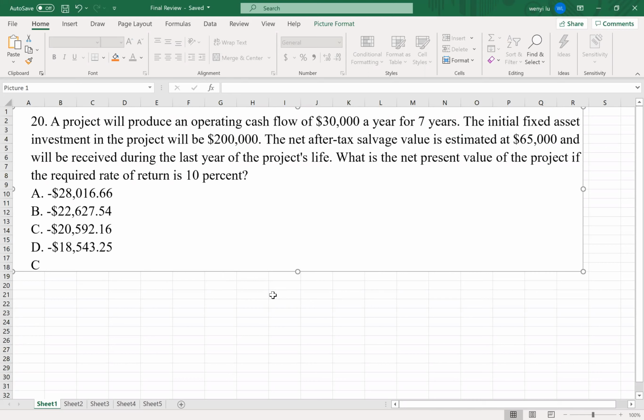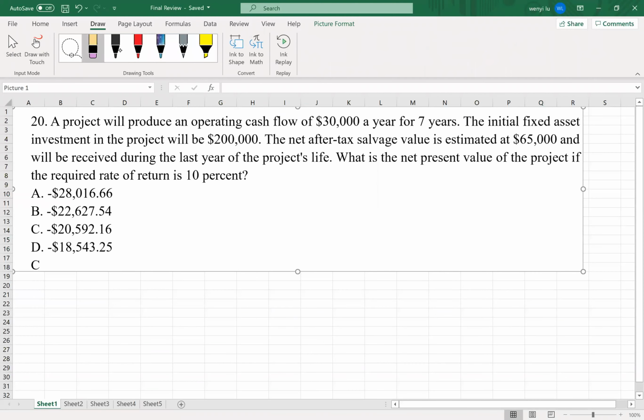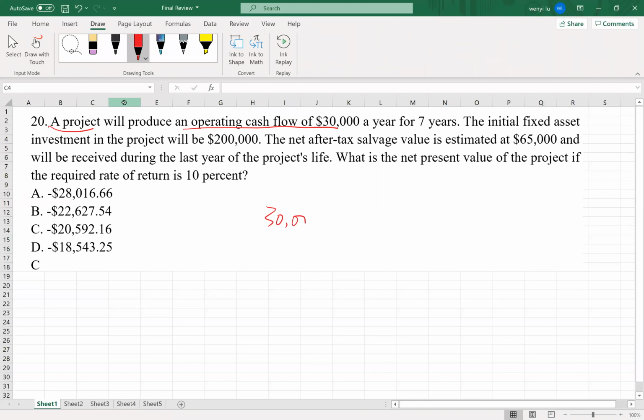You see these questions: a project will produce operating cash flows of $30,000 for 7 years. So basically, this cash flow will operate from time 1 to time 7. When you read the questions, maybe you can put a paper with you and write this number down. Our initial fixed asset investment in this project will be $200,000.